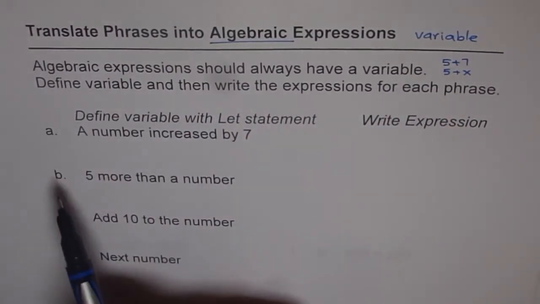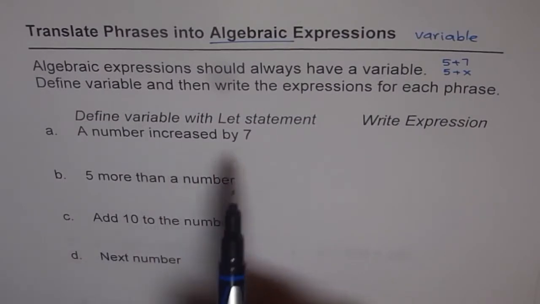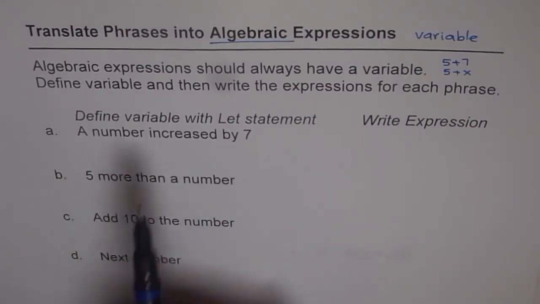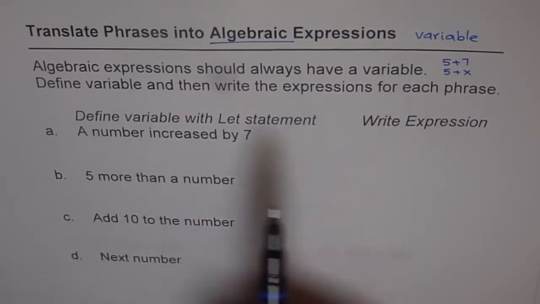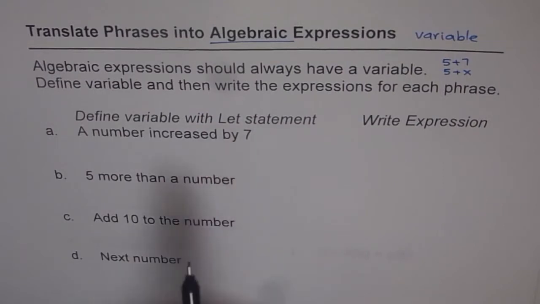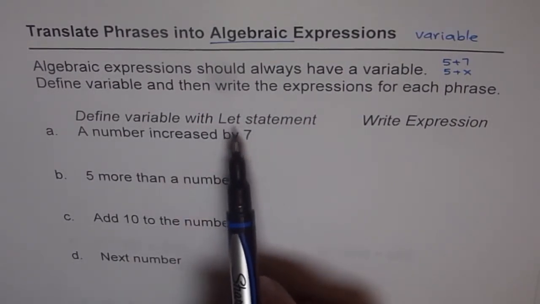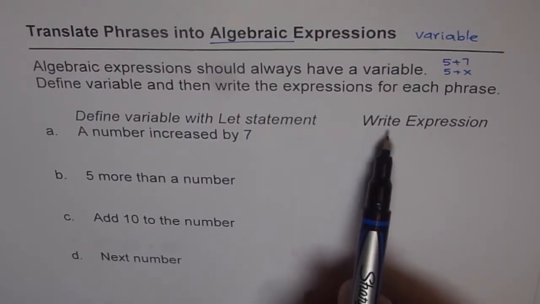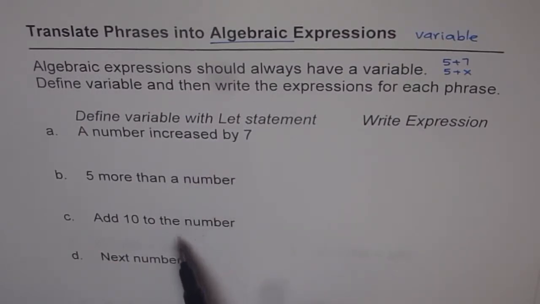So we have four phrases here. The first one is a number increased by 7. On top, just as a reminder, I have mentioned define variable with a let statement. So normally whenever we define a variable, we use a let statement and then we'll write an expression for these phrases.